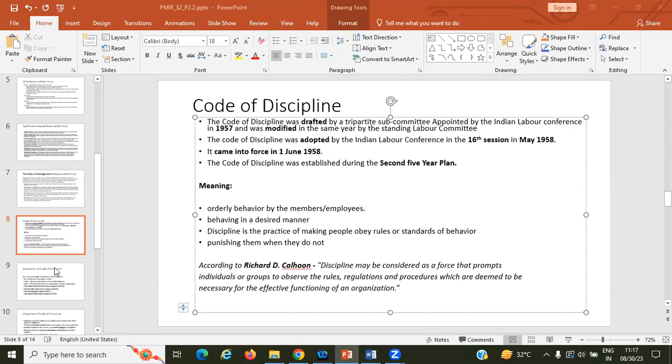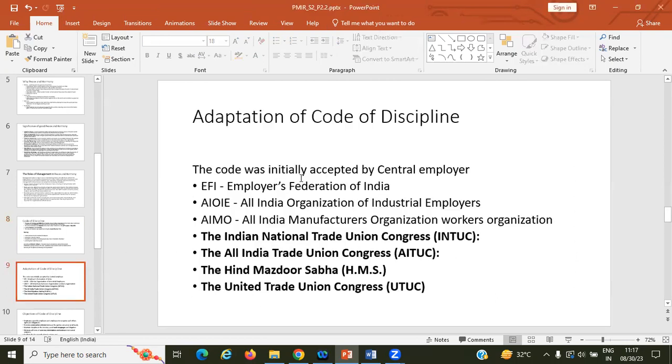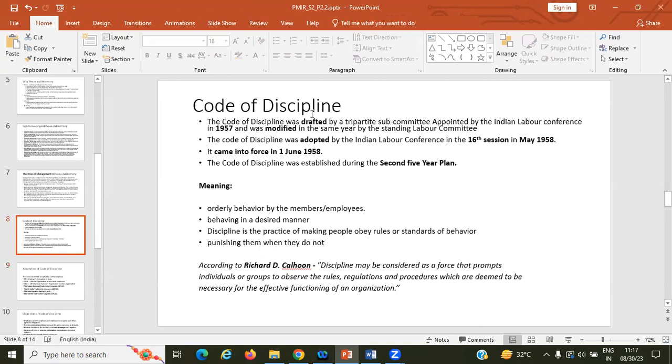Then really understand who has adopted. I told you in the earlier slide, this is one mutual agreement between employer and employee. So all together they sat together, they discussed what is required in the code of discipline.